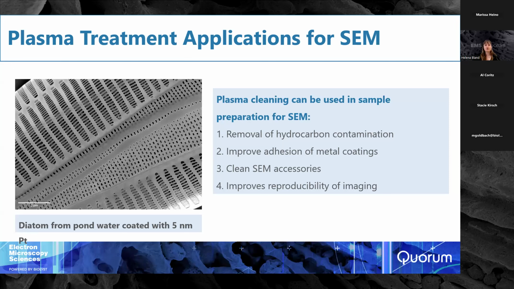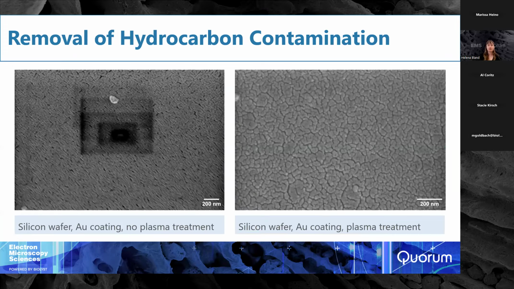Then moving on to SEM, we have a few applications in SEM as well: removing hydrocarbon contamination again, improving adhesion of metal coatings, cleaning our SEM accessories, and also improving the reproducibility of imaging. This is just an example with a silicon wafer. I went for a silicon wafer because it shows the difference really nicely. It's a silicon wafer that's been coated with gold.